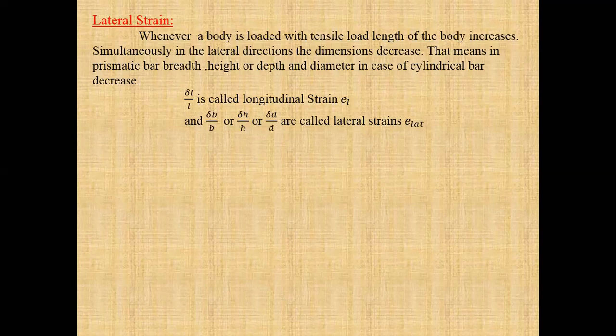The other phenomenon is that in the lateral directions, perpendicular to this length, it could be along the breadth, the height or thickness, or if it is a cylindrical bar, along the diametrical lines of the cross section, that will decrease. Because along the length you are applying the tensile load, the length is increasing, but in the lateral directions, breadth, height, thickness, depth, or diameter will decrease.